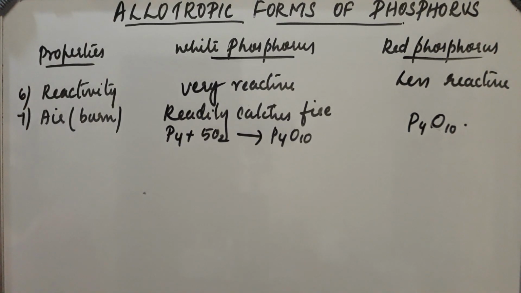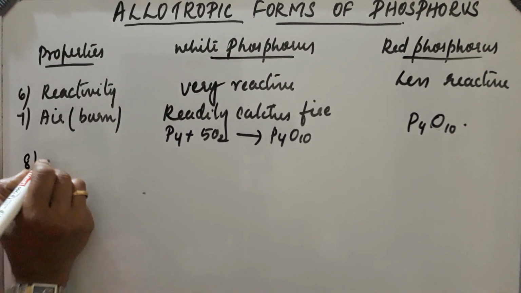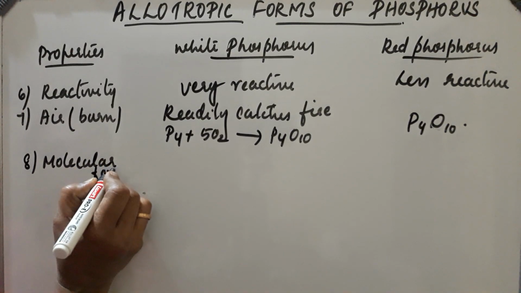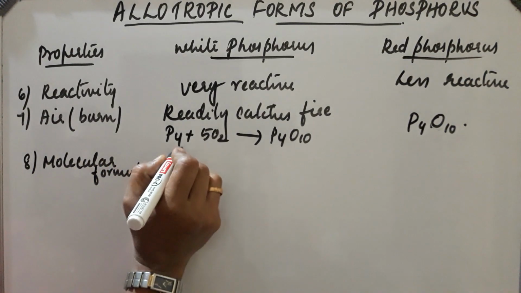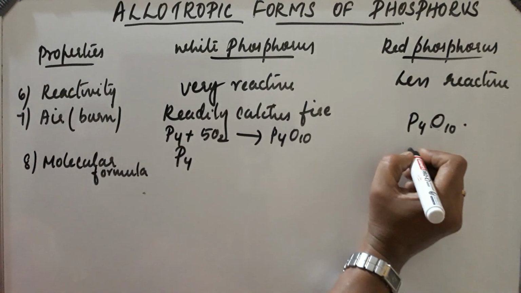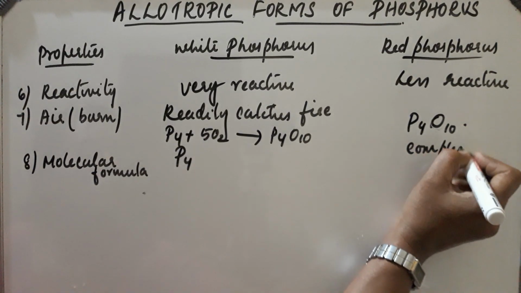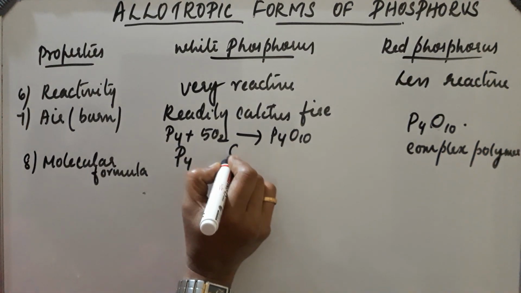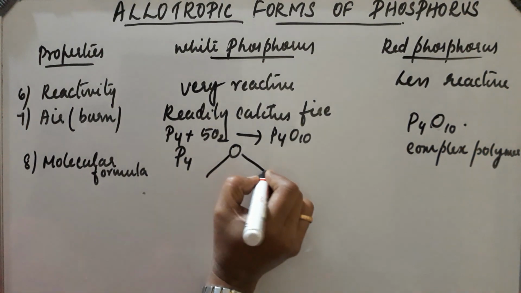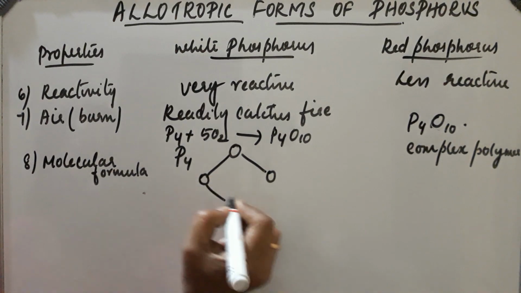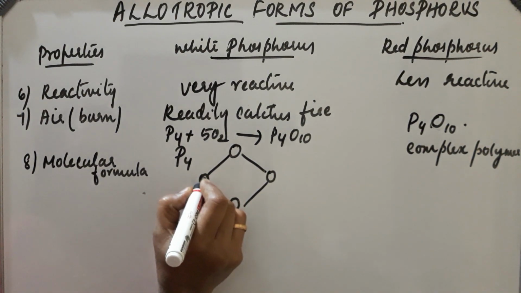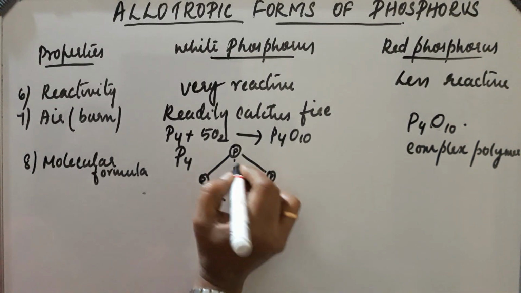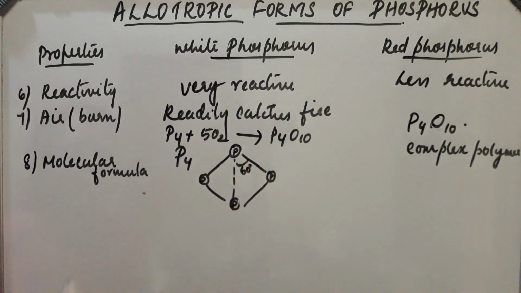Next property is molecular formula. What about its molecular formula? For white phosphorus it's P4, and the shape is like this, with four phosphorus atoms at four corners.